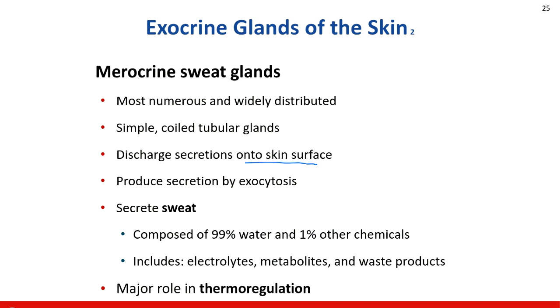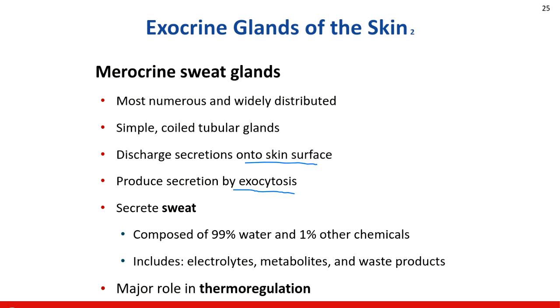You remember that process of exocytosis is that the cell packages up whatever the secretion is going to be, and it fuses that secretory vesicle with the apical surface of the plasma membrane, and it releases its contents into the gland area, into the duct, and gets secreted out of the duct onto the surface of the skin.